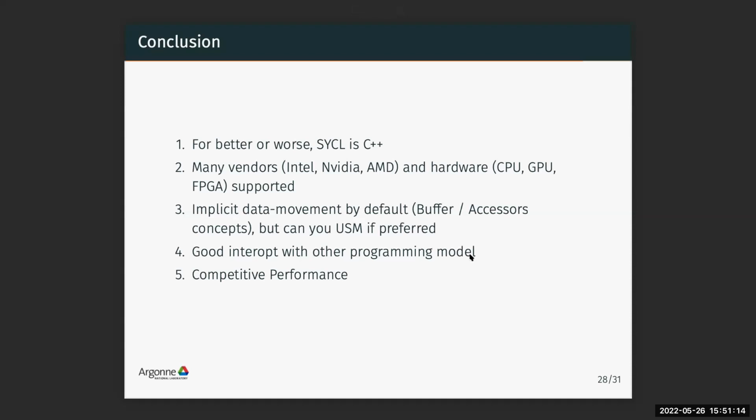So for better or worse, Sycl is C++. So a lot of C++. Many vendors, many hardware are supported. I didn't show you Intel because of NDA reasons, but trust me, maybe it worked. So we have Intel, NVIDIA, AMD, lots of hardware, CPU, GPU.